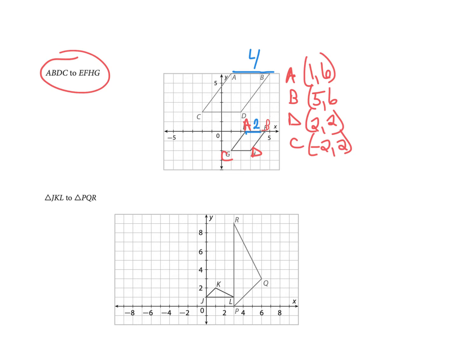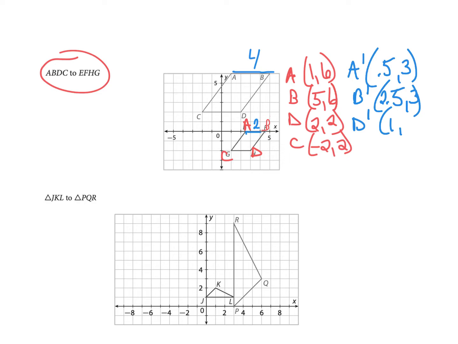So my next points would be at 0.5, 3. B prime would be at 2.5, 3. D prime would be at 1, 1. And C prime would be at -2, 1.